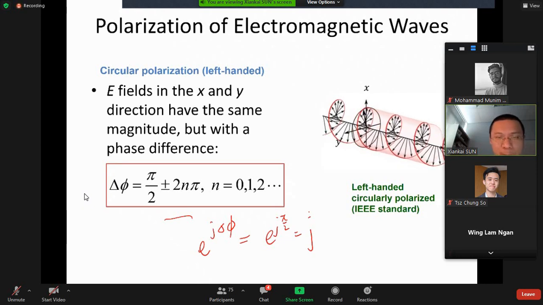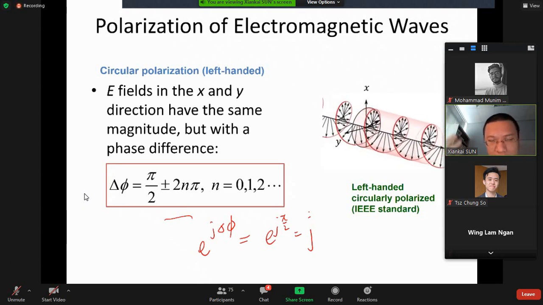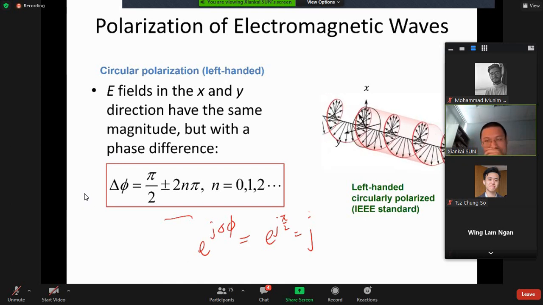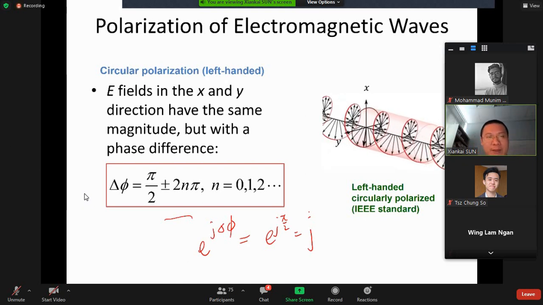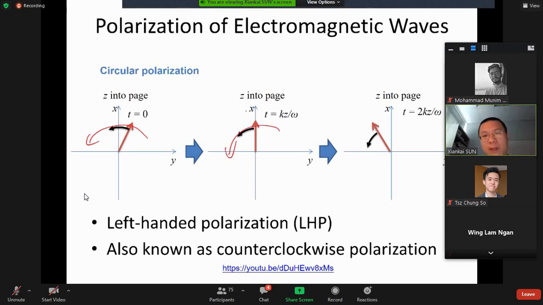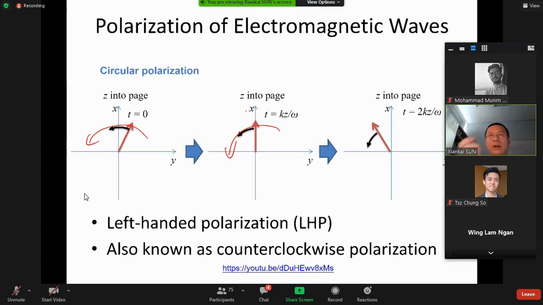So that means the x and y components still have a phase difference of 90 degrees. But this time, the field vector is rotating in the counterclockwise direction. Again, the wave propagation direction is still positive z, pointing into the page.